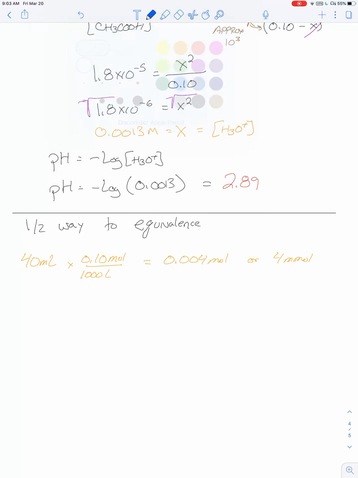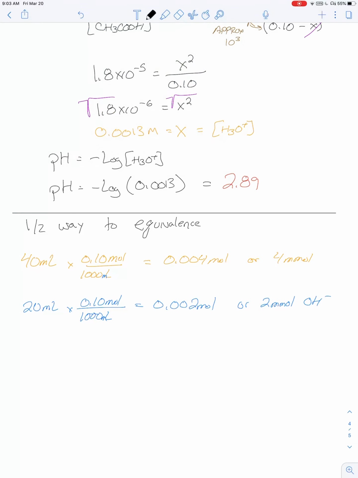Base, we have 20 milliliters of 0.10 molar, to give us 0.002 moles of hydroxide or 2 millimoles of OH minus.